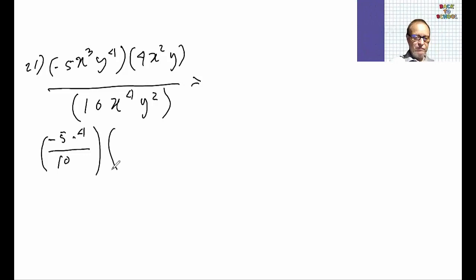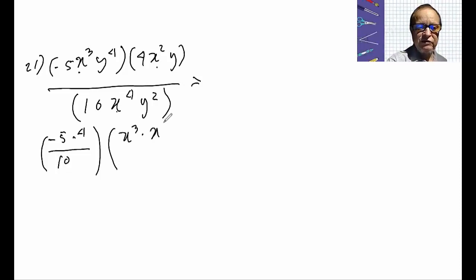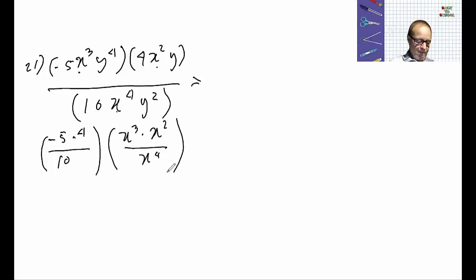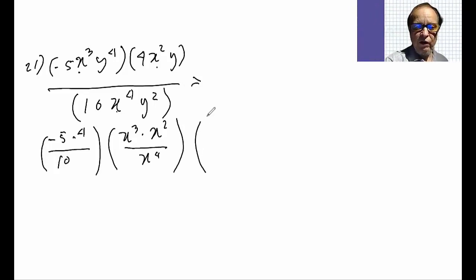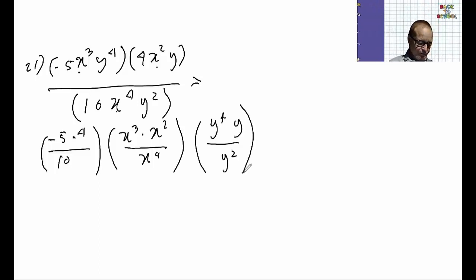And then I'll take all my x's. I have an x here, I have an x here, and bottom there. So an x cubed times x squared, and then it's divided by x to the 4th. Then I'll do my y's. I have a y to the 4th here. I have a y here, and I have a y squared here.